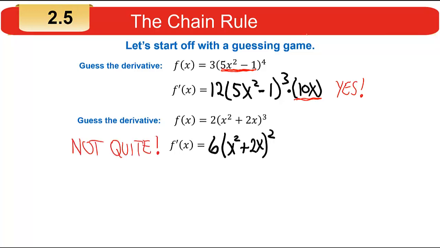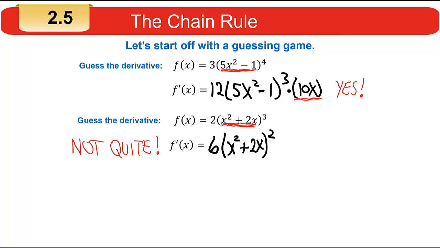But now that you've learned a little bit from the previous example, you might say, well, if I get the answer correct in the same way that I did in the previous example, what I would do is take the base, x squared plus 2x, and multiply the proposed derivative I have already written down by the derivative of the base.